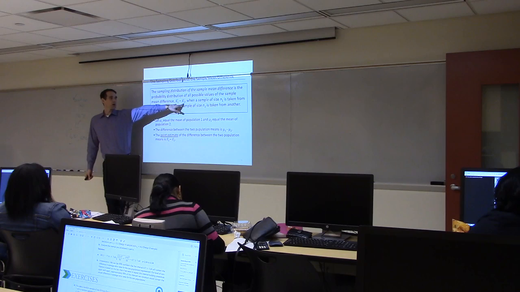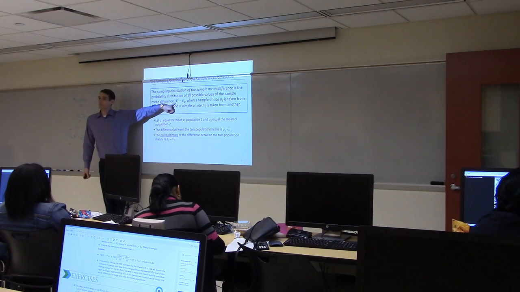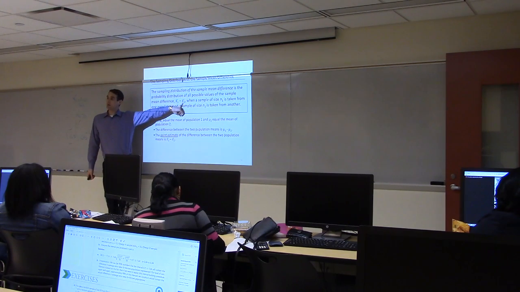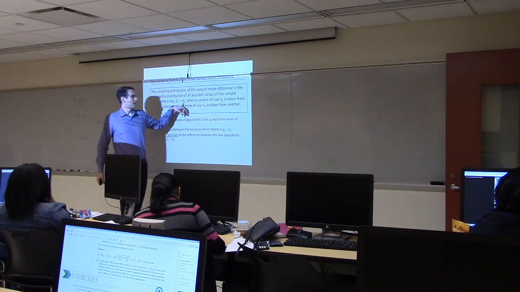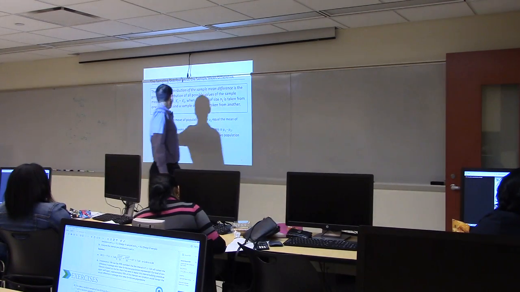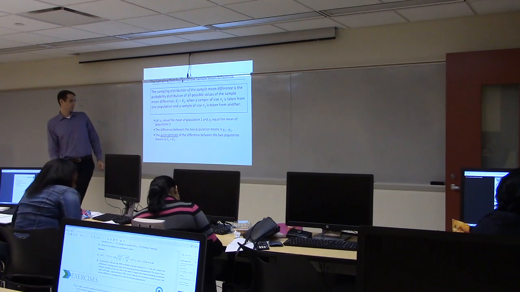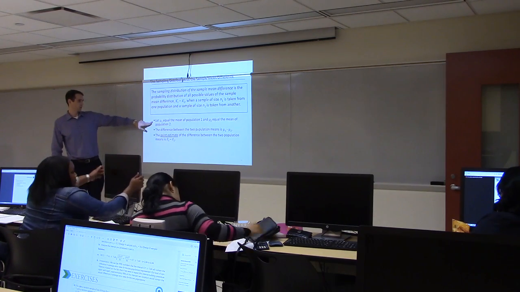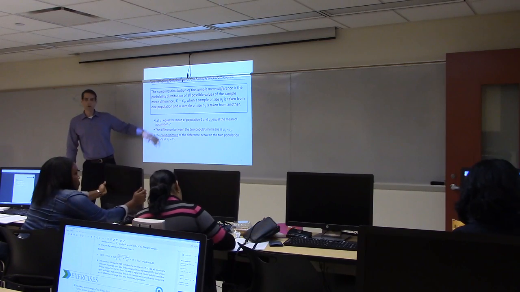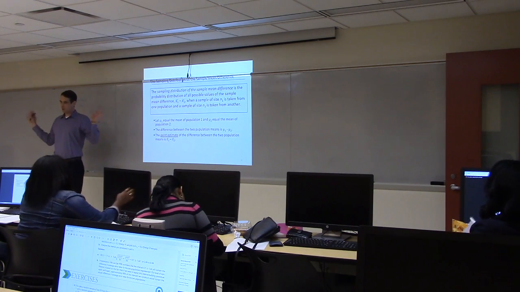So this x bar 1 is the mean of sample 1, x bar 2 is the mean of sample 2. A sample of size n is taken from one population, and a sample of size n is taken from another population. Now remember this little u figure? We call that mu, the mean of the whole population.